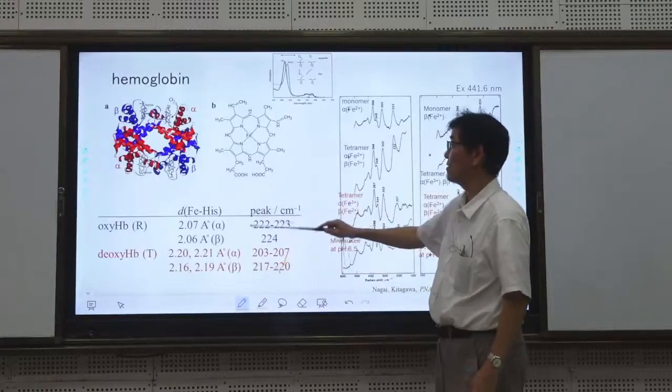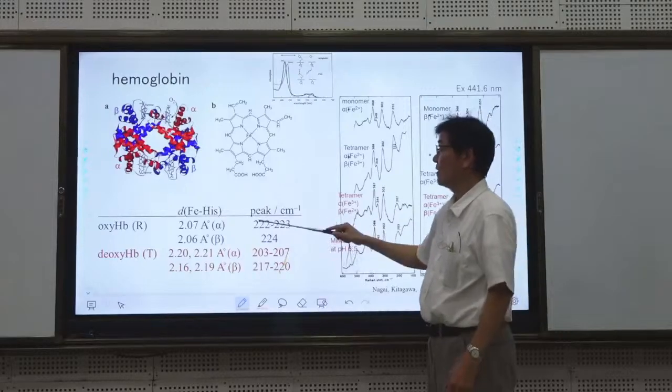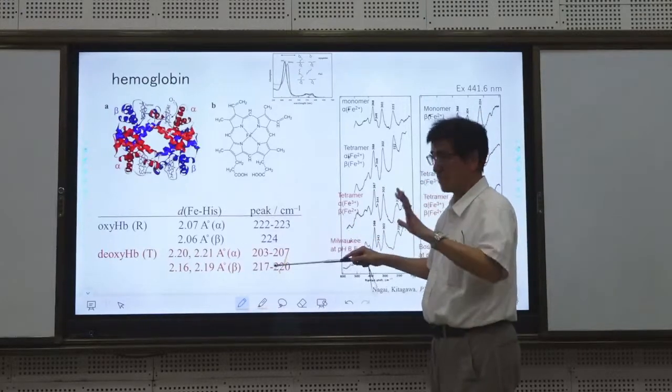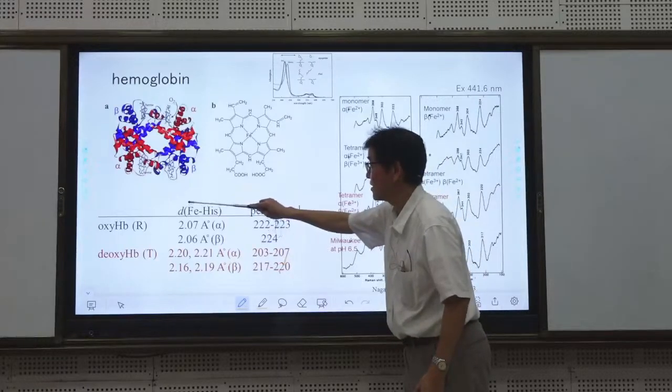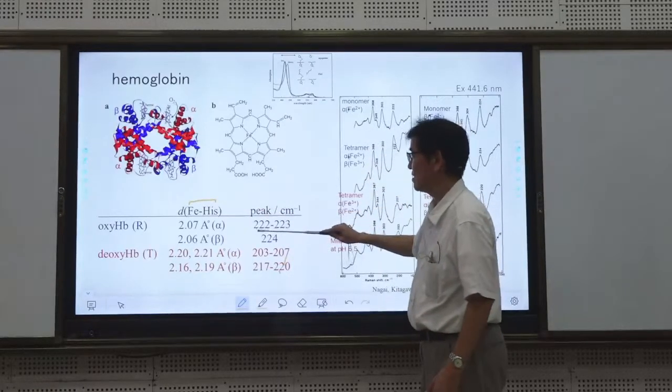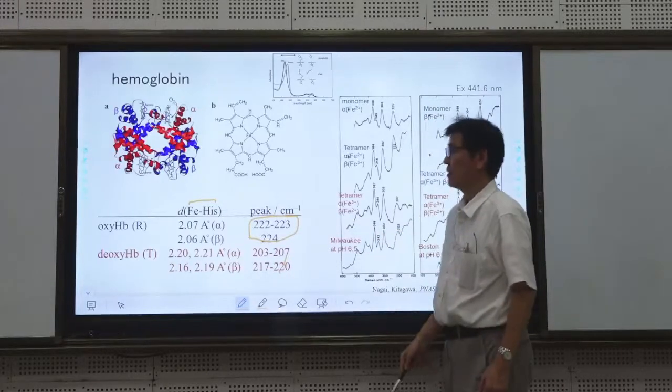Here, we can apply Raman spectroscopy. When we focus on the iron-histidine vibration, the frequency is 220 or around here.